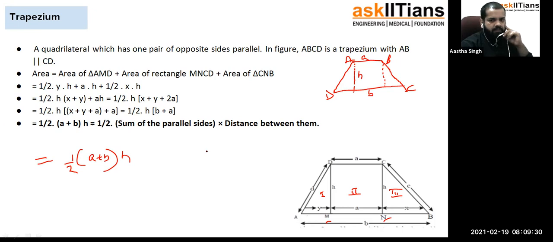So it is half the sum of parallel sides into the perpendicular distance between them. I think the point is clear how to find the area of a trapezium.